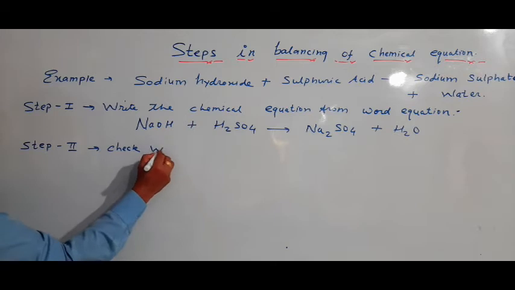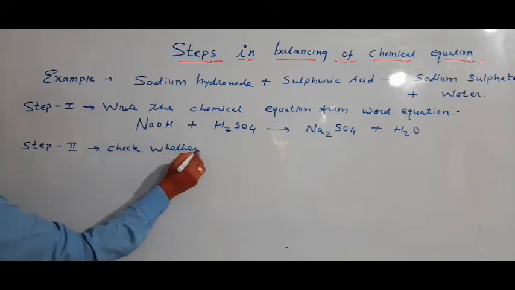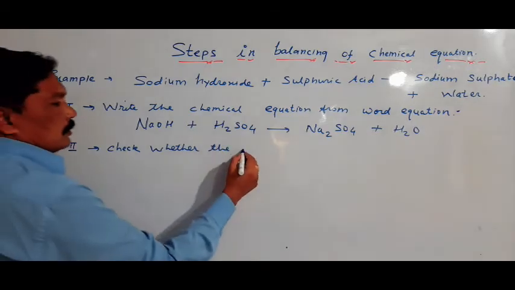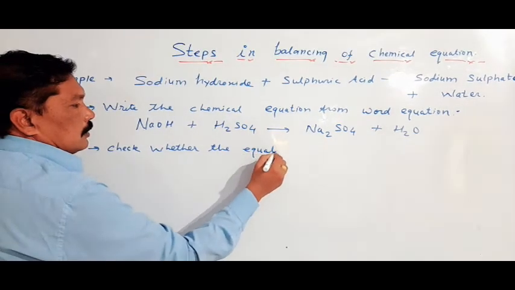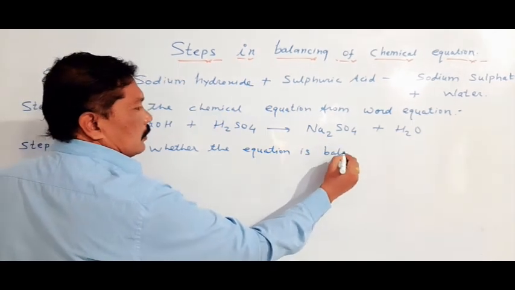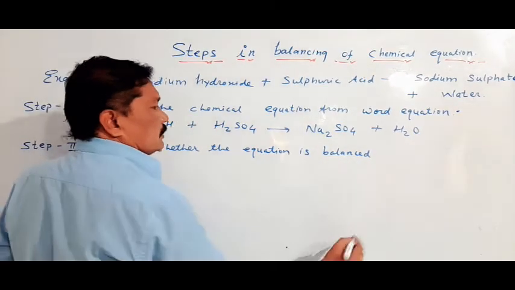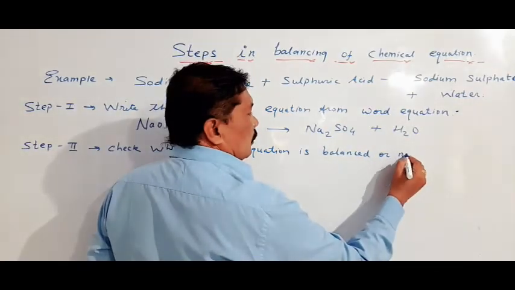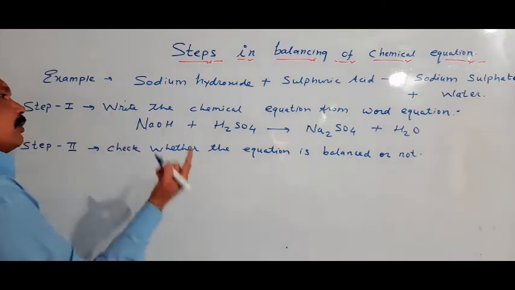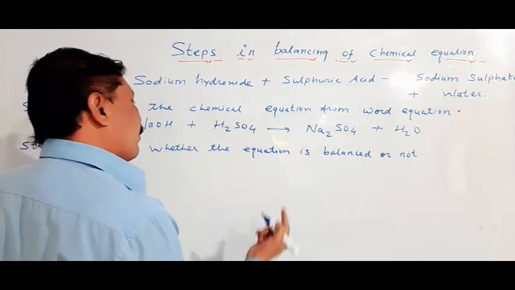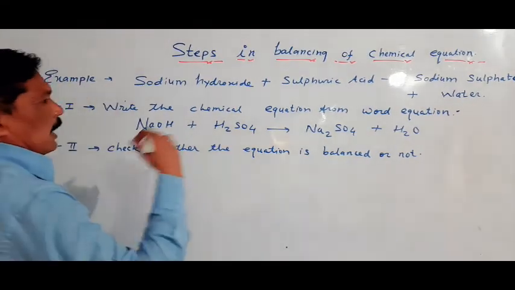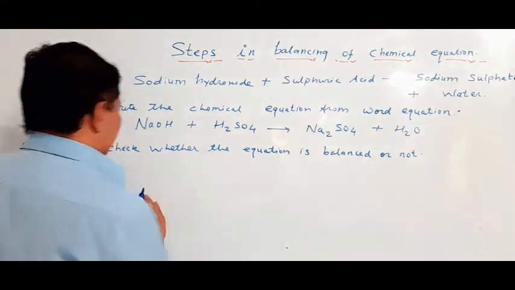Check whether the equation is balanced or not. How can we check? By counting the atoms of the compound in reactant as well as in product.